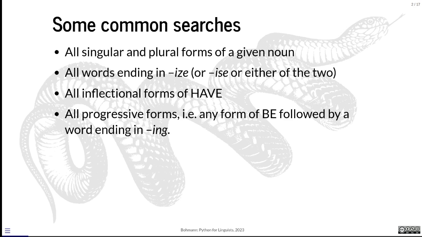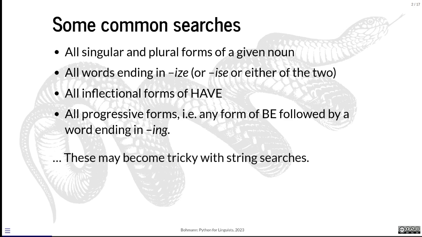And some of these patterns may get a bit tricky to approach just with string searches. Not impossible, surely, but sometimes a bit tricky. And this is where regular expressions come in. They allow one search pattern that includes a bit of flexibility.